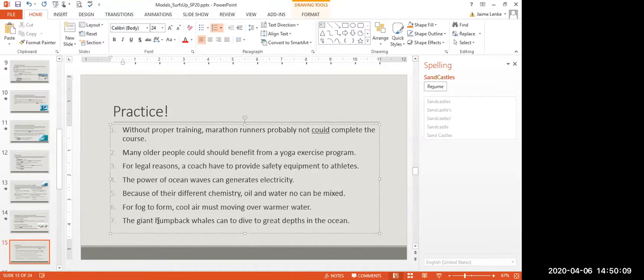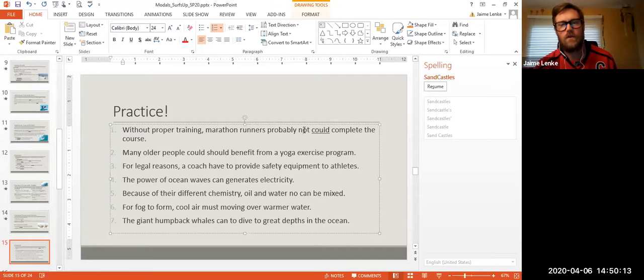Can I say could not? Could not, right? When we're making a sentence negative, not goes between the modal verb and the base verb. So could not complete. That's how we would do that one.